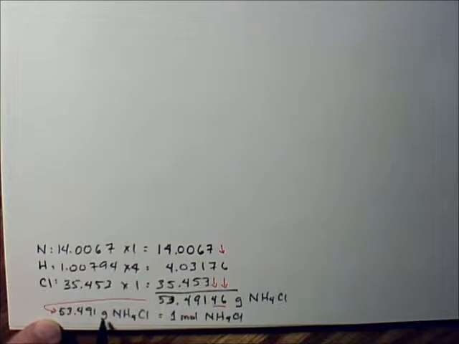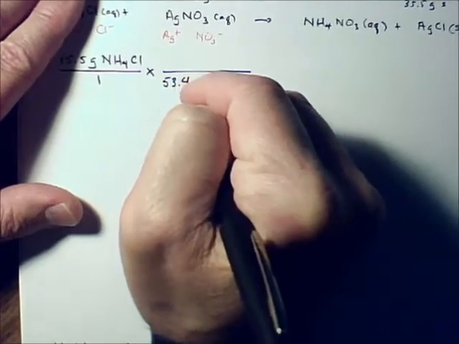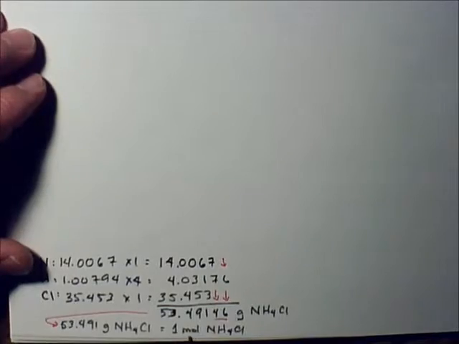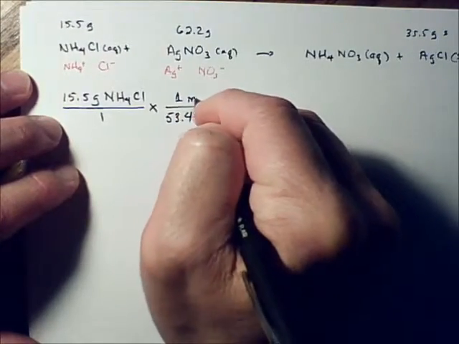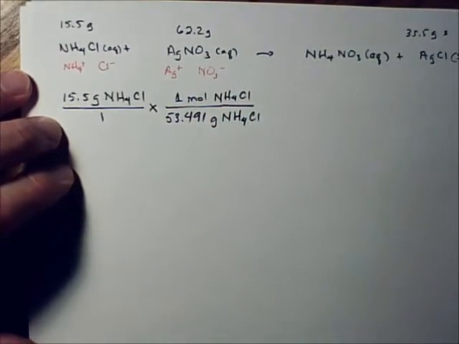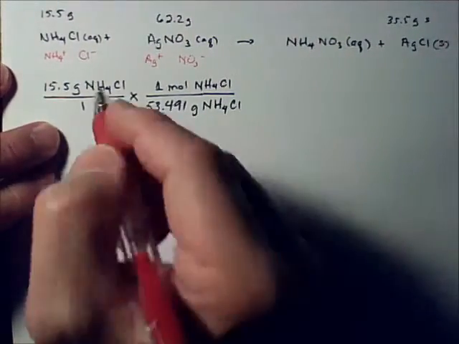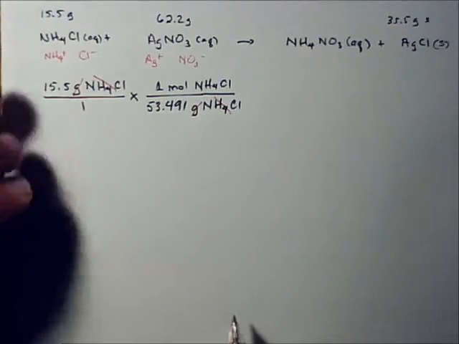Because the grams of ammonium chloride has a value of 53.491, that's what we're going to put right here. Okay? The other side of the equality statement, the 1 mole of ammonium chloride, goes on the top. And like in algebra, when you have x's and y's on the top and bottom of a fraction, you can cancel mass or grams and ammonium chloride.